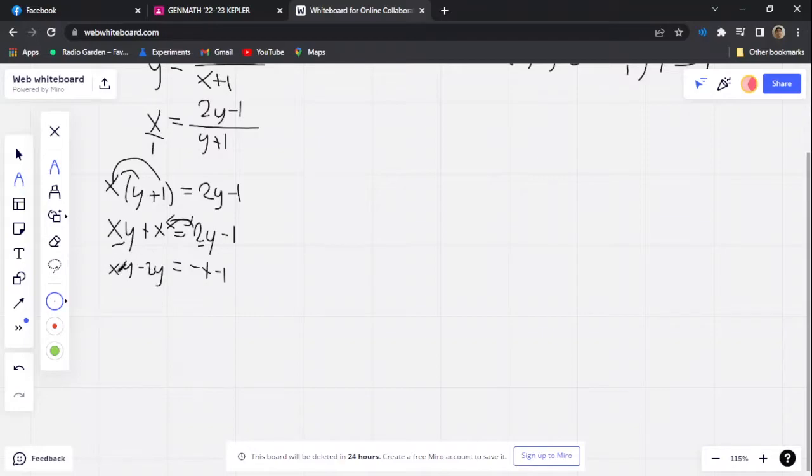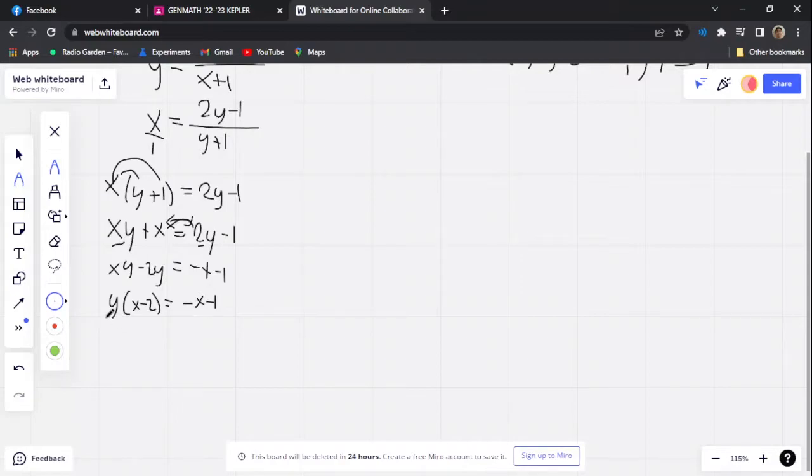Ang sunod nga buhaton is to factor out y sa kining expression. So we would have y multiplied by x minus 2 is equals to negative x minus 1.